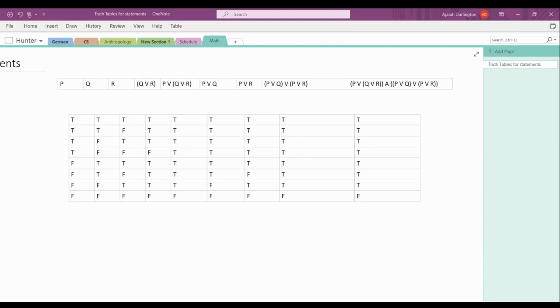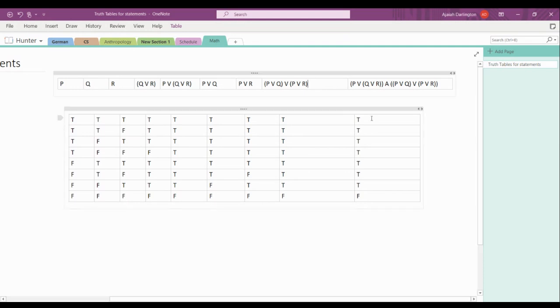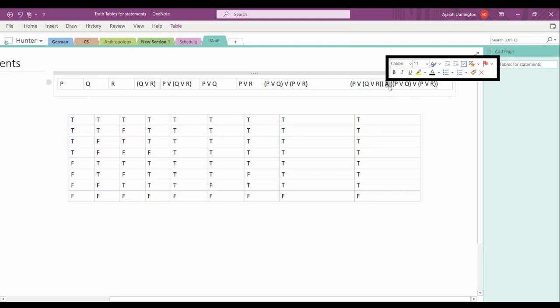Okay, Ajaya, I don't see your and sign. Oh, you use A for and sign, right? Yeah, okay. It's right here. So I hope the parentheses are right. So 1, 2, 3, 4, 5.